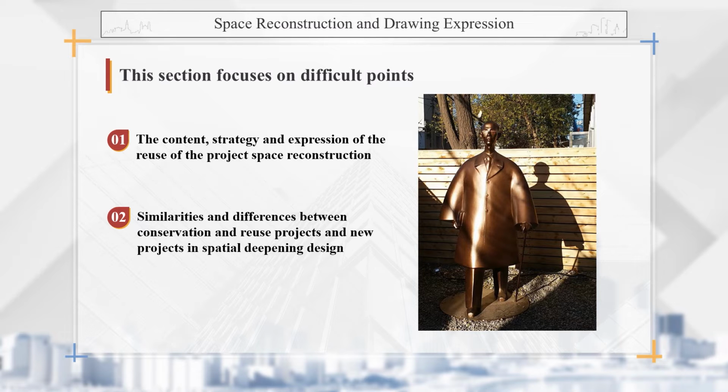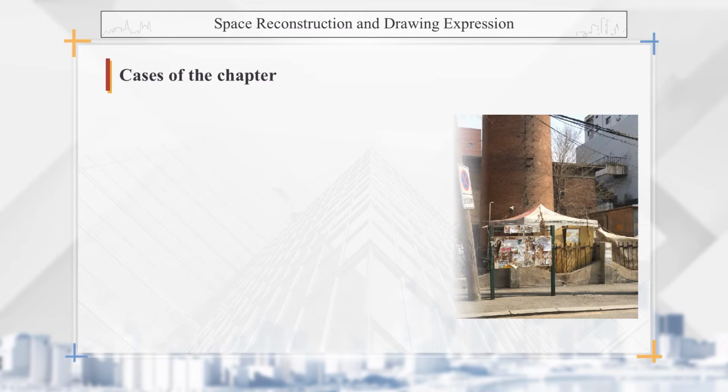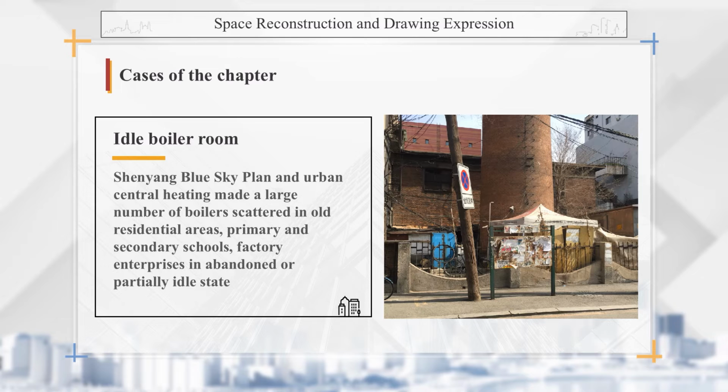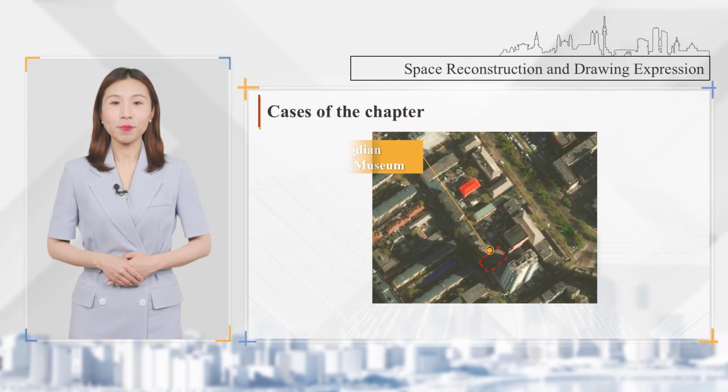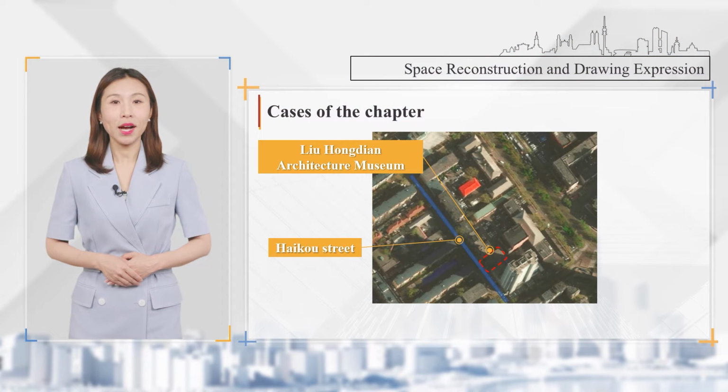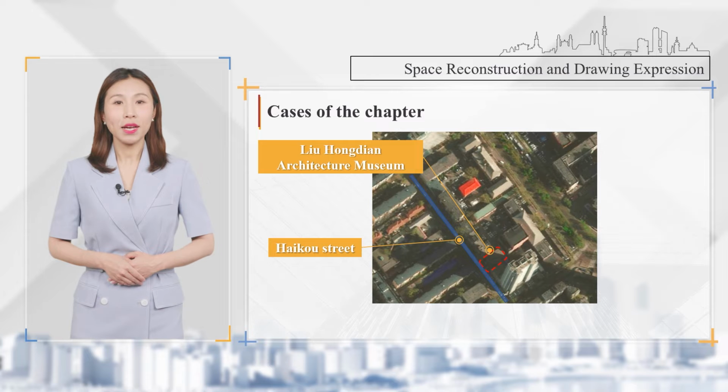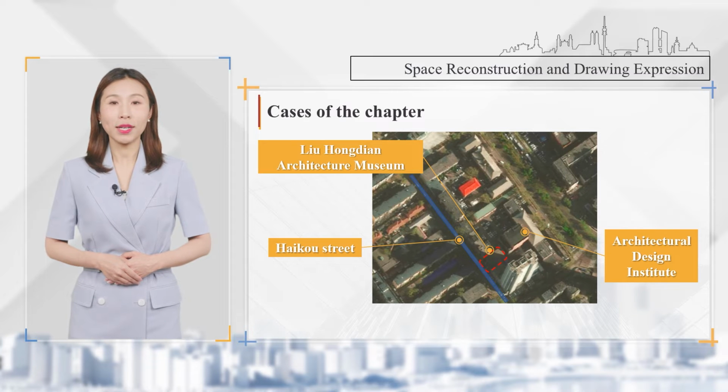In the process of learning, similarities and differences between the reusing project and the new project in the spatial deepening design are also found. Shenyang Blue Sky Plan and urban central heating made a large number of boilers scattered in old residential areas, primary and secondary schools, and factory enterprises abandoned or partially idle. The boiler house of this project is located at Haikou Street in Shenyang and is affiliated to the Architectural Design Institute.